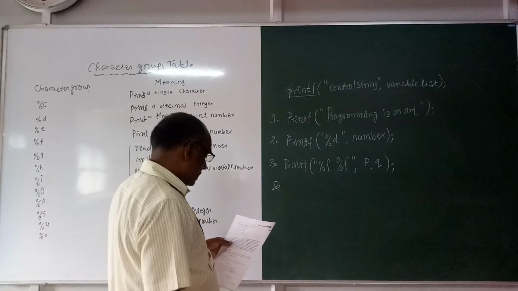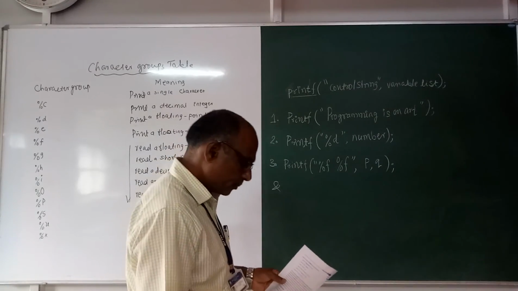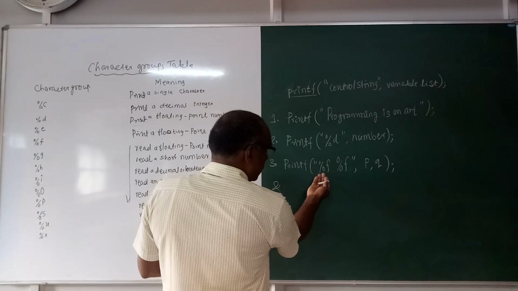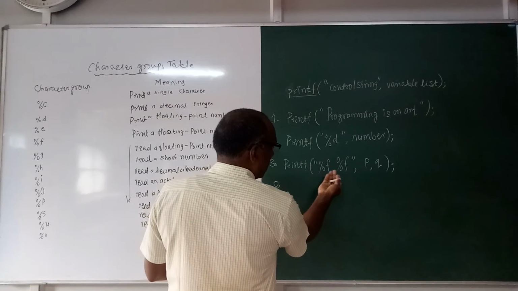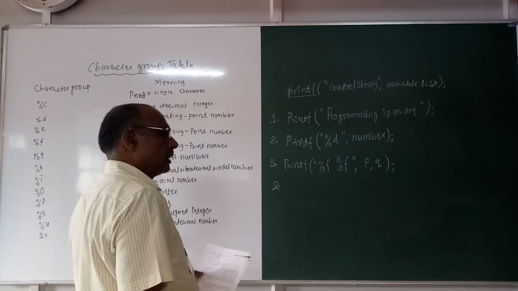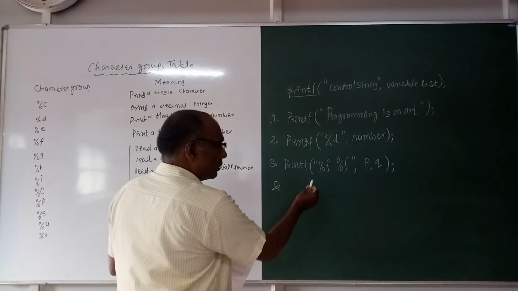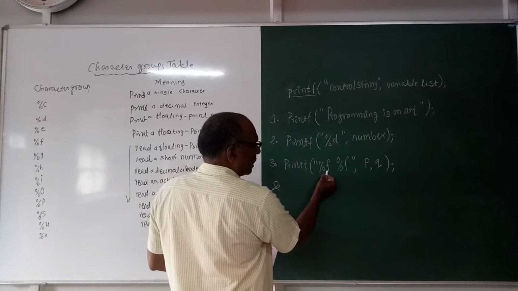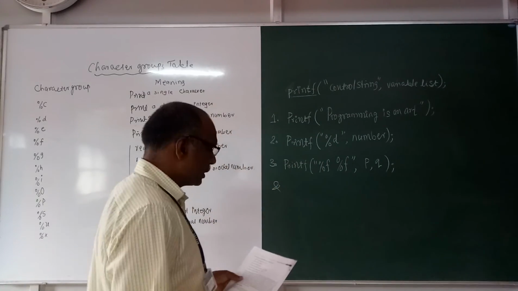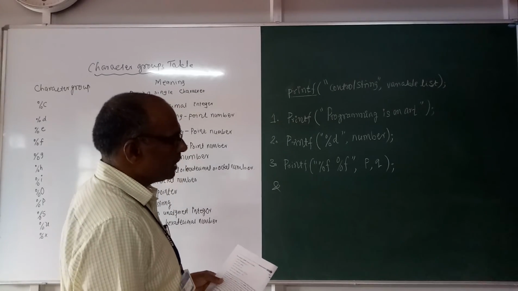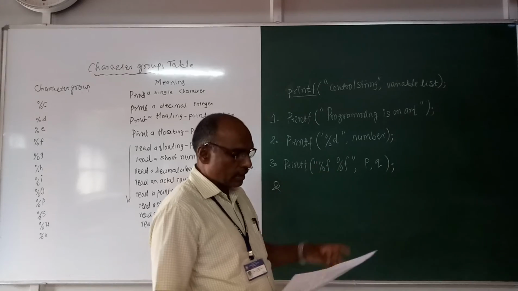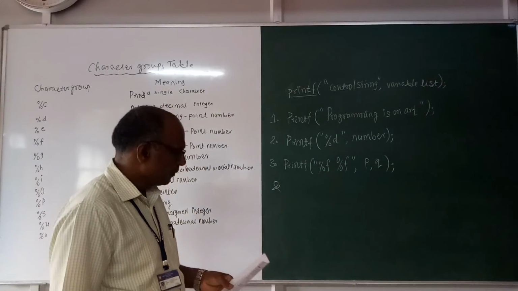This is example number 3. It displays the content of variables p and q on the monitor in this format, that is real floating point number. It displays the content of the variables p and q in real floating point number.